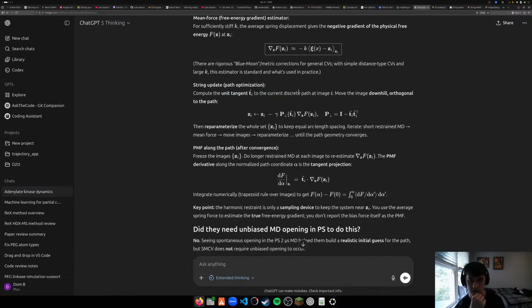Compute the unit tangent to the current discrete path at image i. Move the image downhill orthogonal to the path. I don't get that part at all.